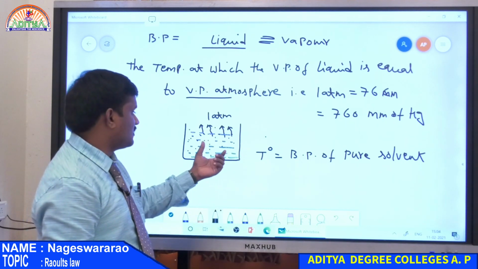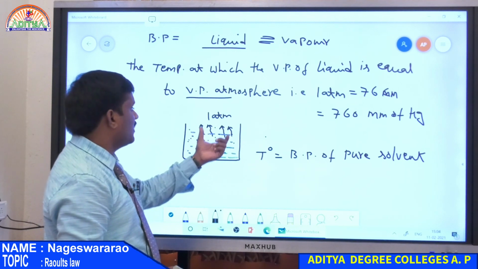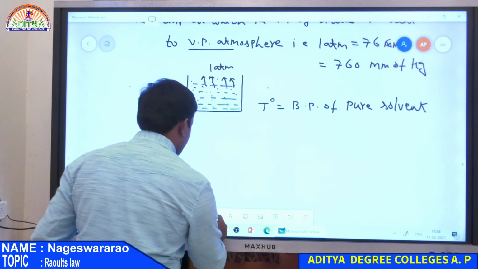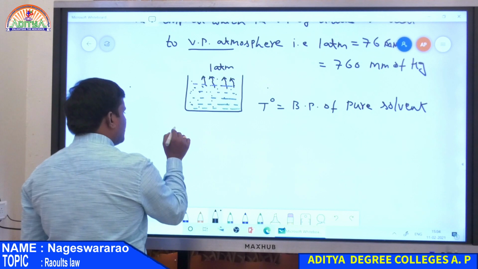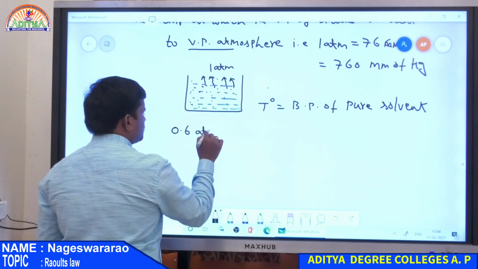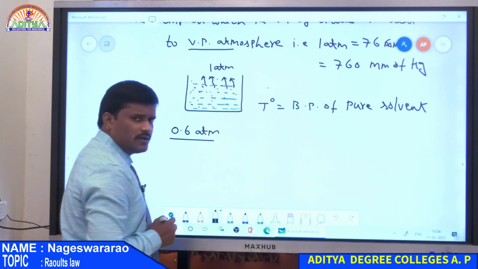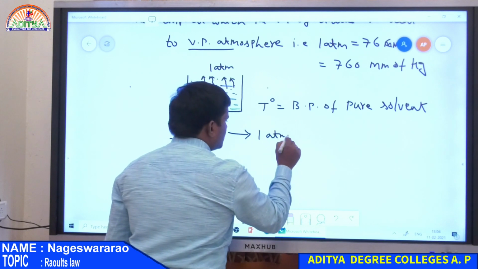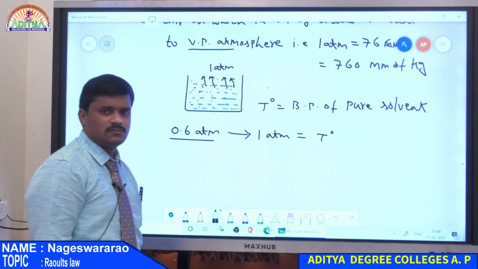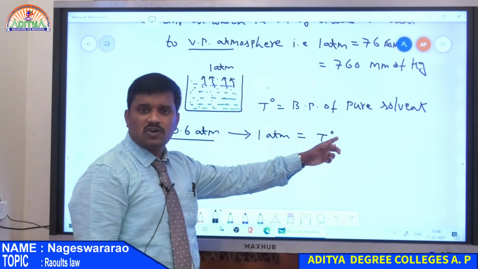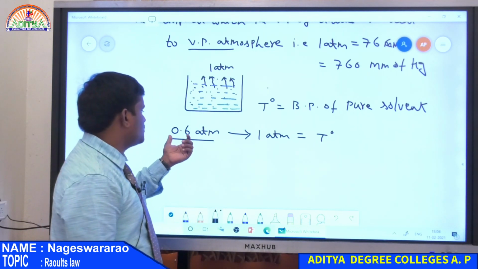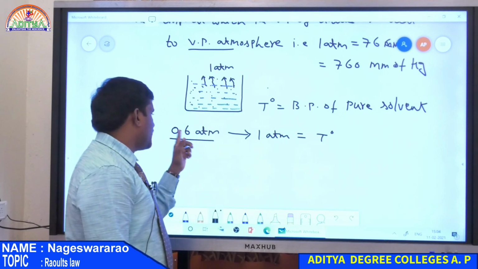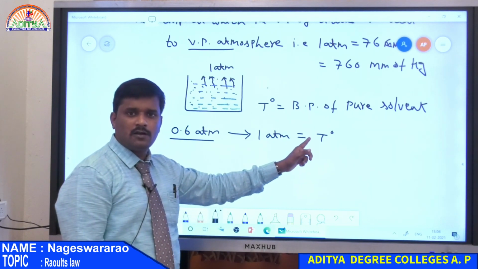Therefore the temperature at which the vapor pressure of the solution is equal to 1 atmosphere increases. Suppose a pure solvent has 0.6 atmospheres of pressure. The temperature required to convert 0.6 into 1 atmosphere is T naught, the boiling point of the pure solvent.